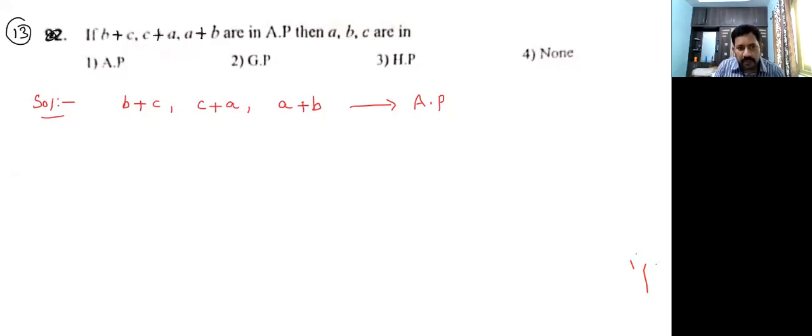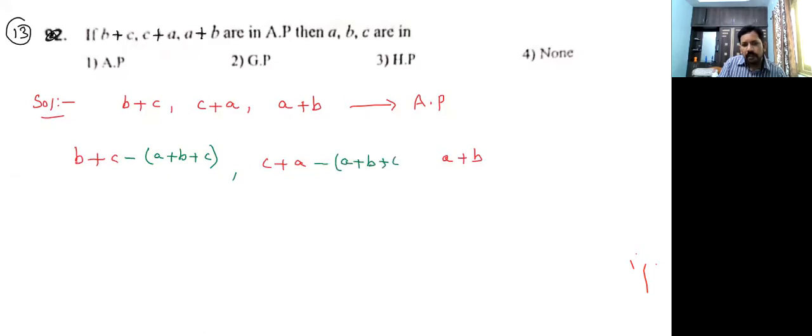Now I am going to subtract a particular constant from each and every term, B plus C, C plus A, A plus B. So what is that constant? This is minus of A plus B plus C. I am going to subtract a particular constant from each and every term. So the resulting series is also AP only. There is no change in progression.